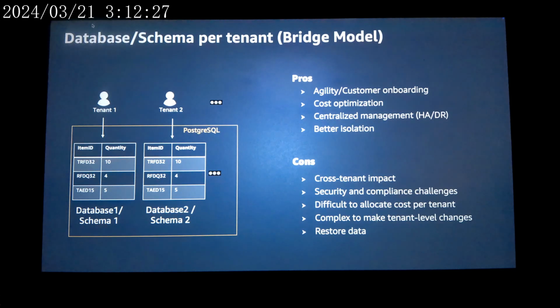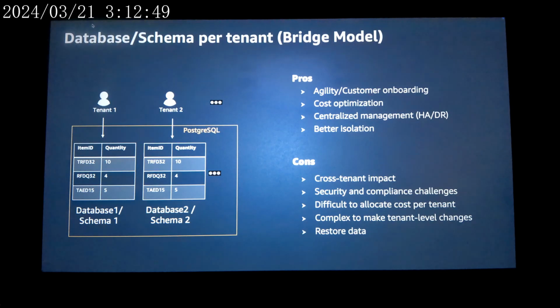Right? And comparing with the previous one, the bridge model provides better tenancy isolation because naturally you can limit the access of each tenant by roles, or who can access the particular schema. So that way, one tenant cannot access objects from a different schema.